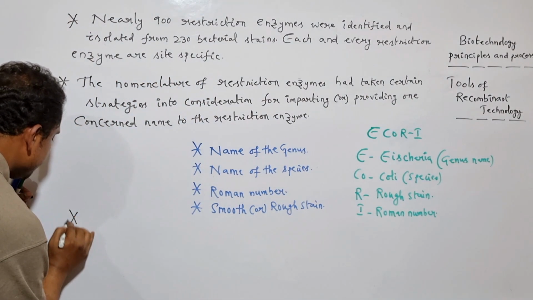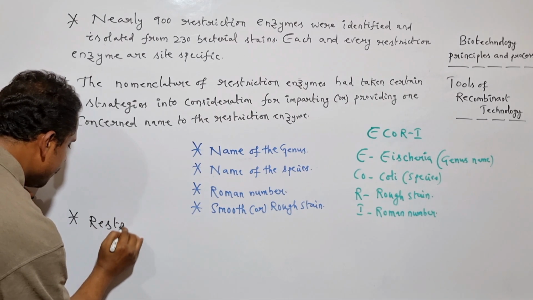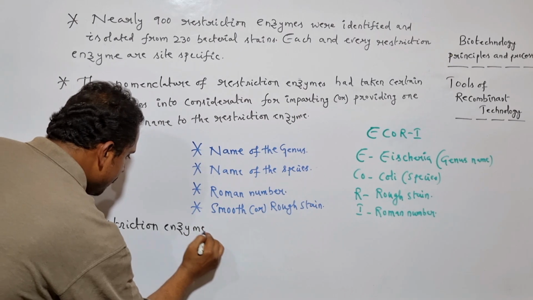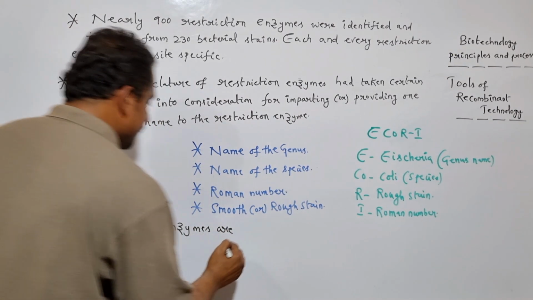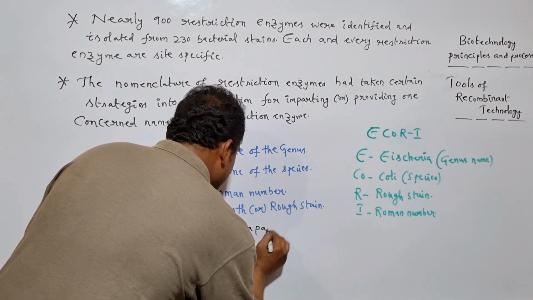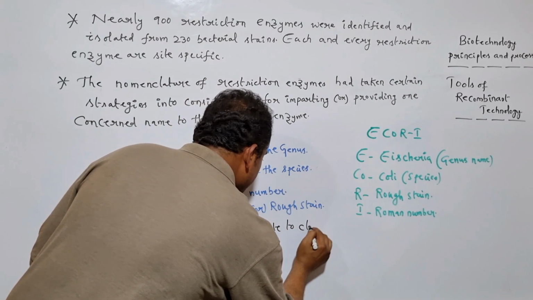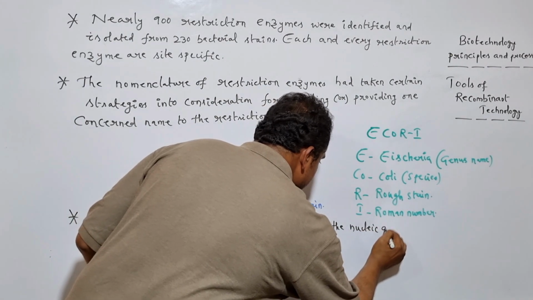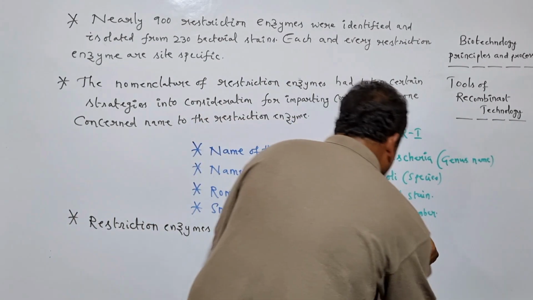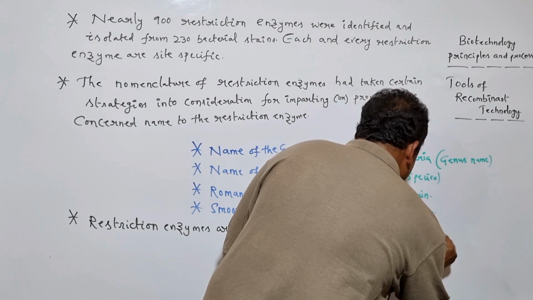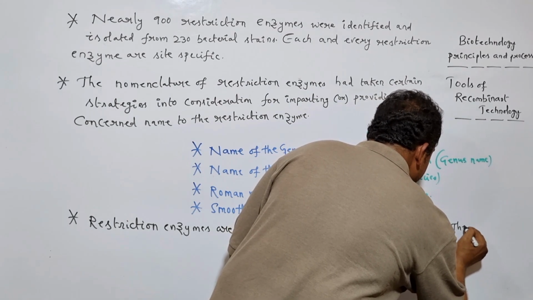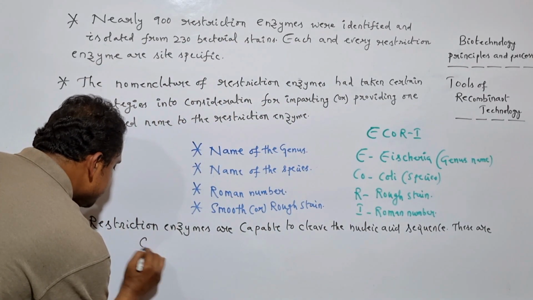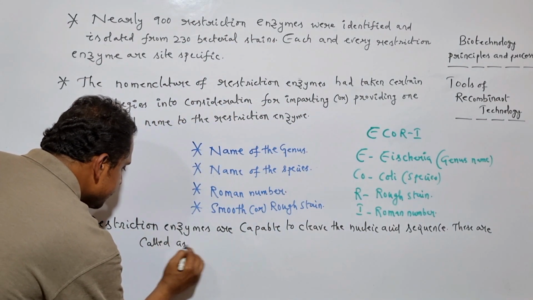Restriction enzymes are capable of cleaving the nucleic acid sequence. Nucleic acid sequence. So the reason why these are called nucleases.